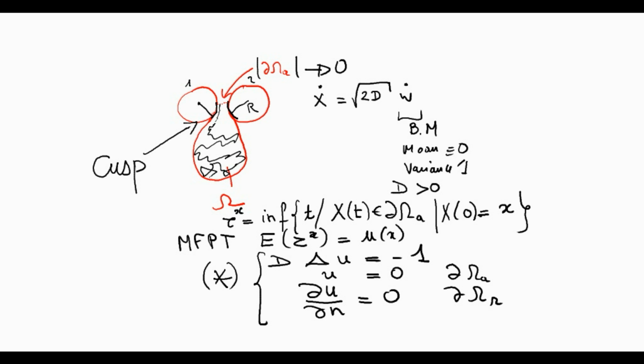So now I would like to rescale the problem and consider that we have now the two osculating disks now of radius 1. So the domain is now scaled.